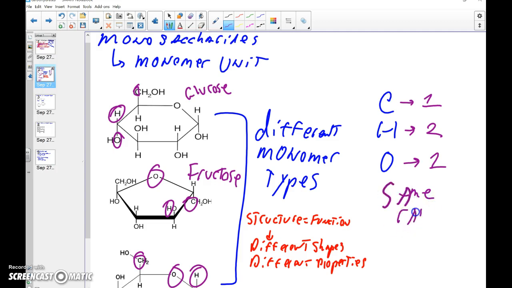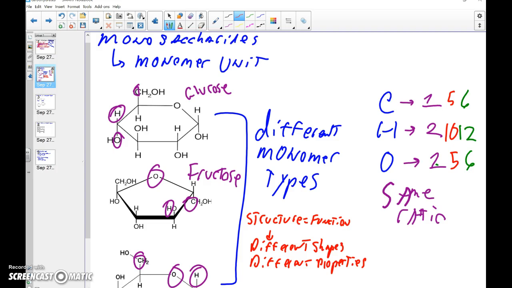So if I have, let's say, 6 carbons, since there's always one carbon for every 2 hydrogens, I'm going to have 12 hydrogens, and I would have 6 oxygens. If I had 5 carbons, I would have 10 hydrogens and 5 oxygens. And that is going to be consistent for the monomers.